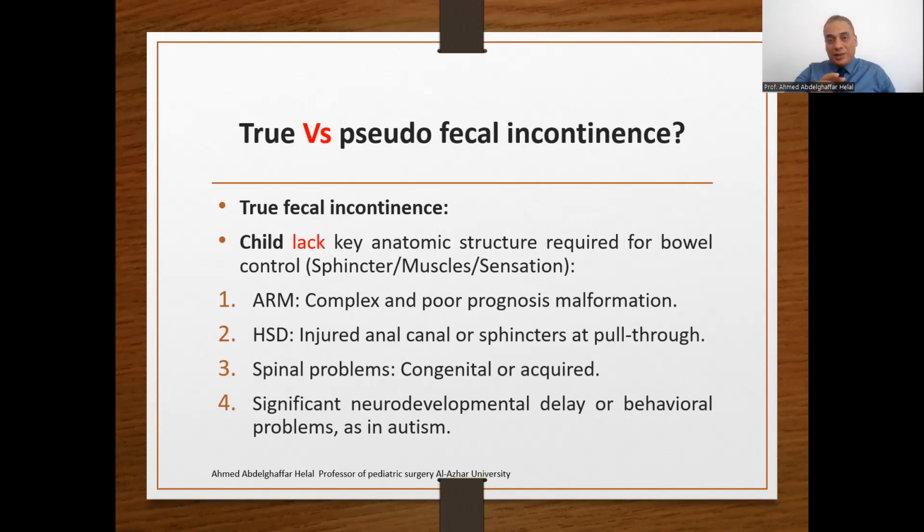So a child with true fecal incontinence lacks key anatomical structures required for bowel control. Whether this lack is congenital, related to the development or pathology of the child, as sometimes in anorectal malformation, or iatrogenic, related to surgery for bowel pull-through, or related to spinal trauma or spinal injury.